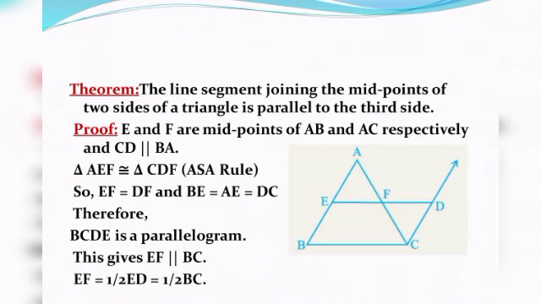Triangle AEF is congruent to triangle CDF by the ASA rule. So, EF is equal to DF and BE equals AE, which is equal to DC. Therefore, BCDE is a parallelogram. This gives EF is parallel to BC. In this case, also note that EF is equal to half of ED, which is equal to half of BC.